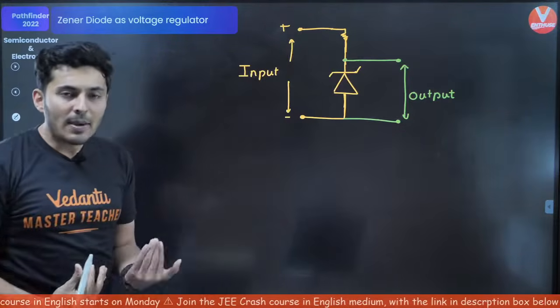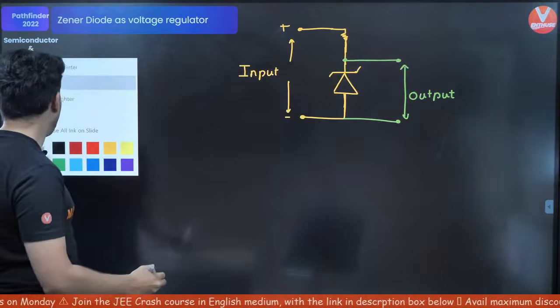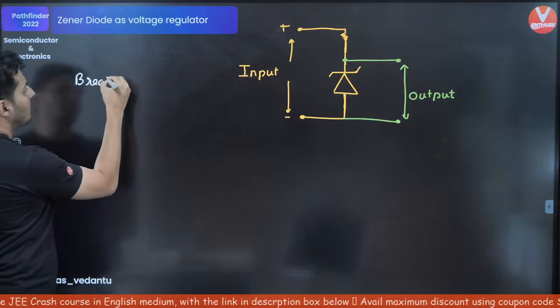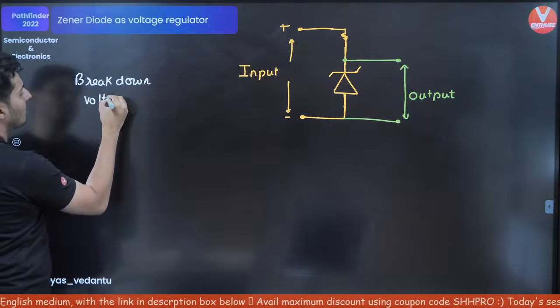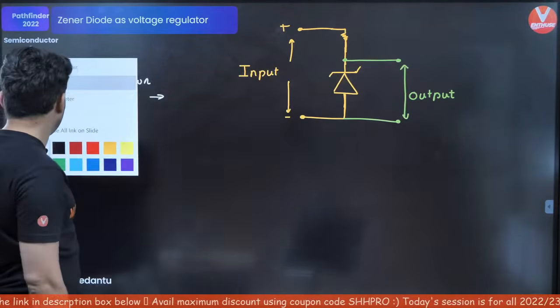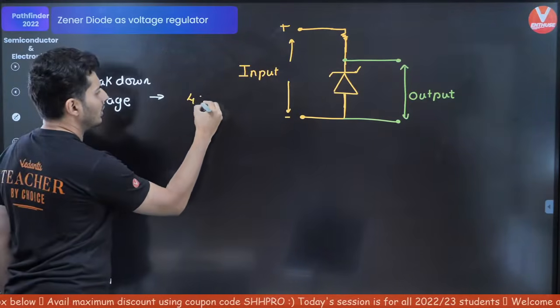Now, imagine this Zener diode is specified with a breakdown voltage. Let's take an example, say 4 volts.